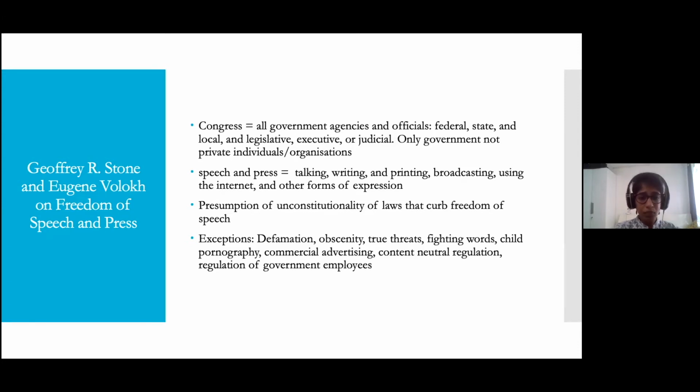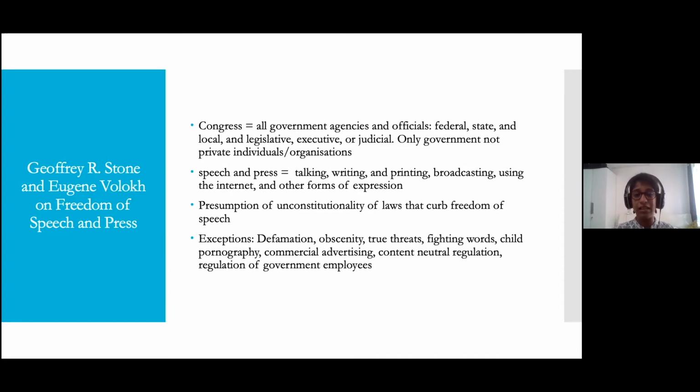So defamation is making false statements in a way that disparages a person's image or reputation. This is considered an unprotected or low form of speech under the First Amendment. Obscenity, anything that is highly sexually explicit content, hardcore pornography, is considered obscene and an unprotected form of speech.